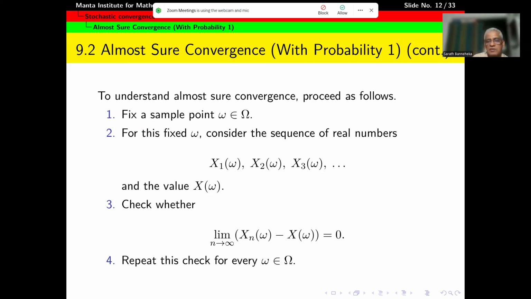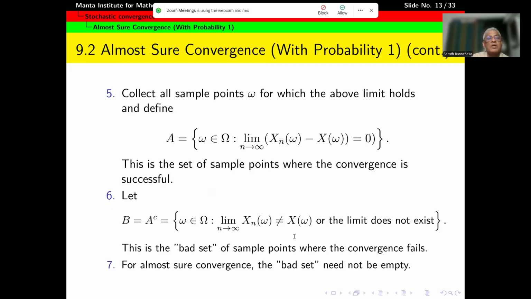So repeat this for each omega in the sample space capital Omega. So collect all sample points omega for which the above limits hold and define A to be the set of all omega satisfying that condition. So this is the set of sample points or the outcomes where the convergence is successful.